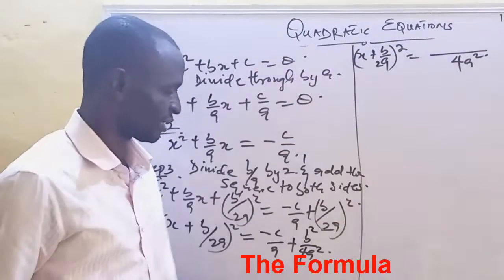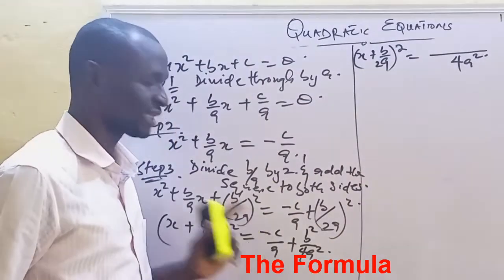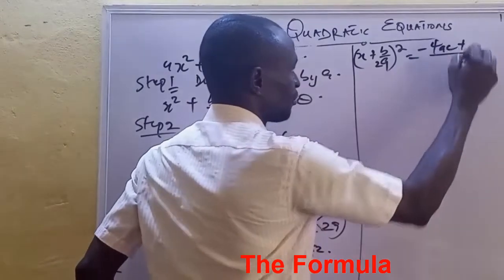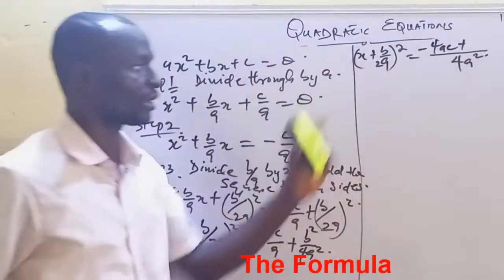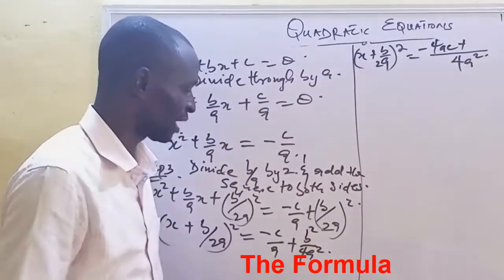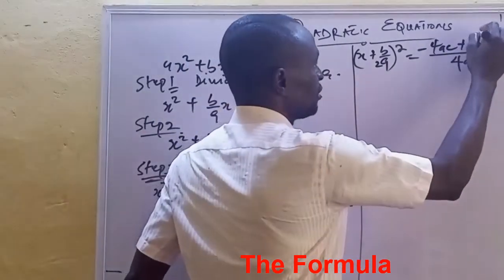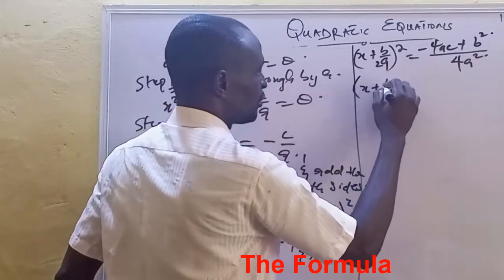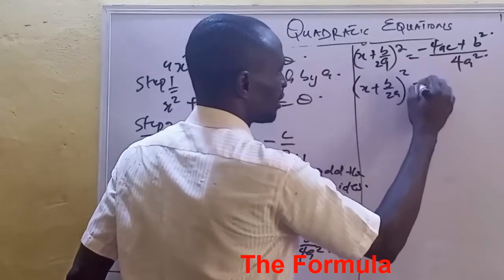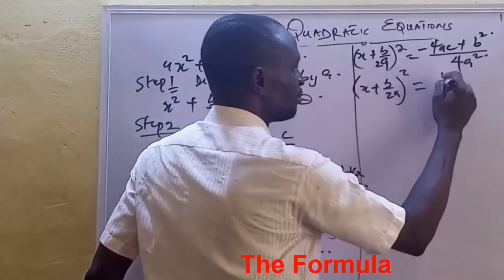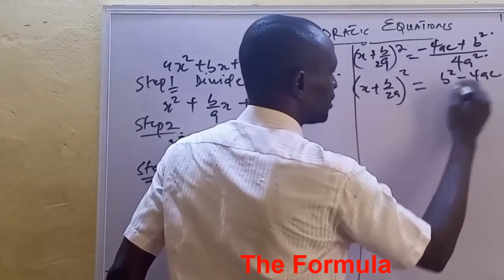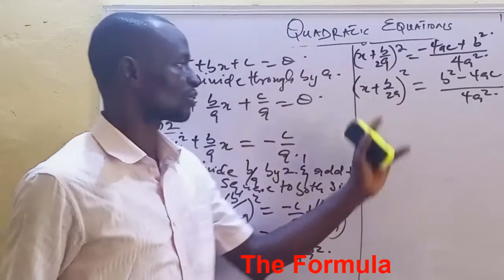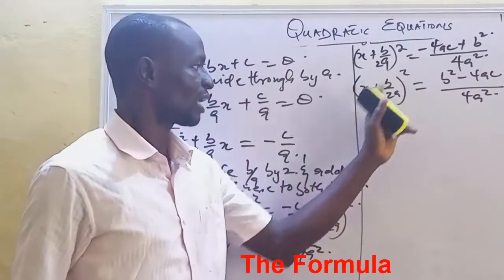A in 4a squared, that's 4a. 4a times minus c becomes minus 4ac, plus 4a squared in 4a squared, that's 1. 1 times b squared, b squared. So that x plus b over 2a all squared is equal to, let's rearrange this, b squared minus 4ac all over 4a squared.